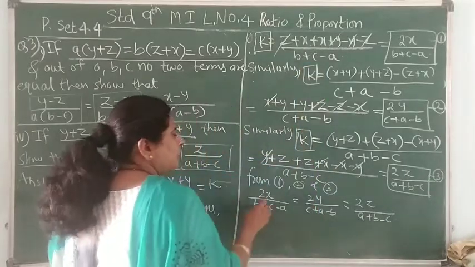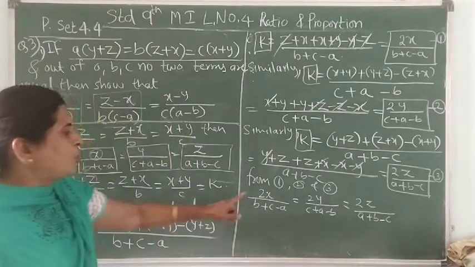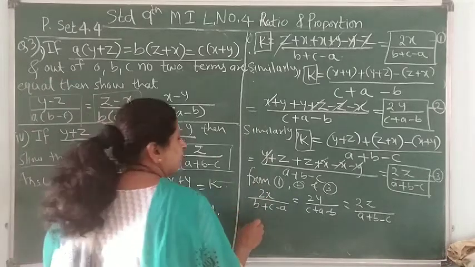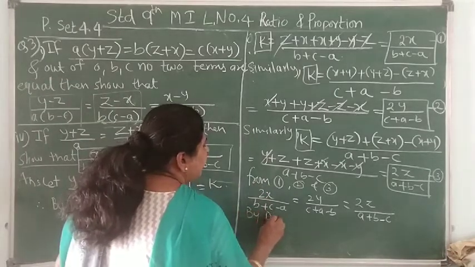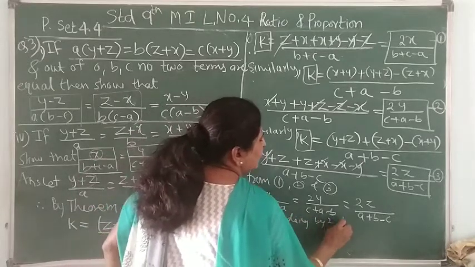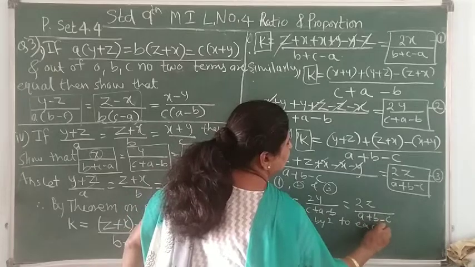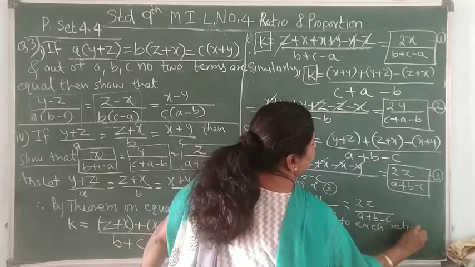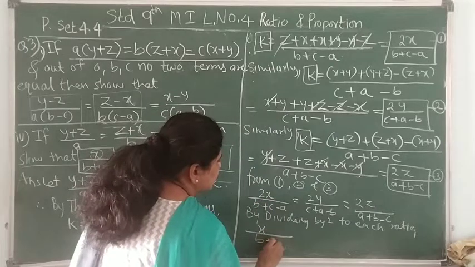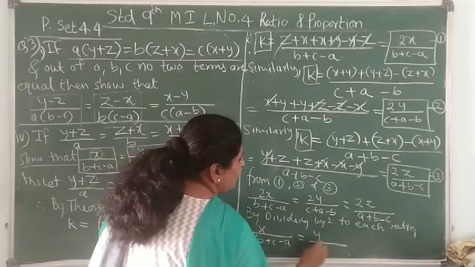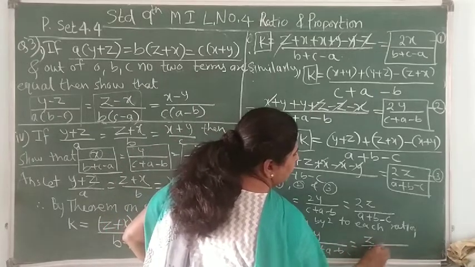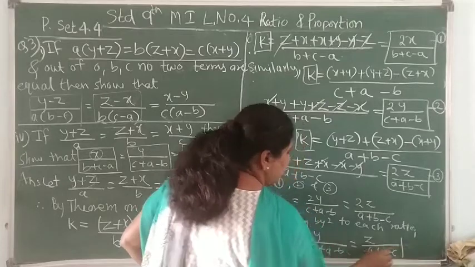Now we do not want this 2. So let's divide by 2 each ratio. By dividing by 2 each ratio, we can get the required thing, that x upon b plus c minus a is equal to y upon c plus a minus b is equal to z upon a plus b minus c is proved.